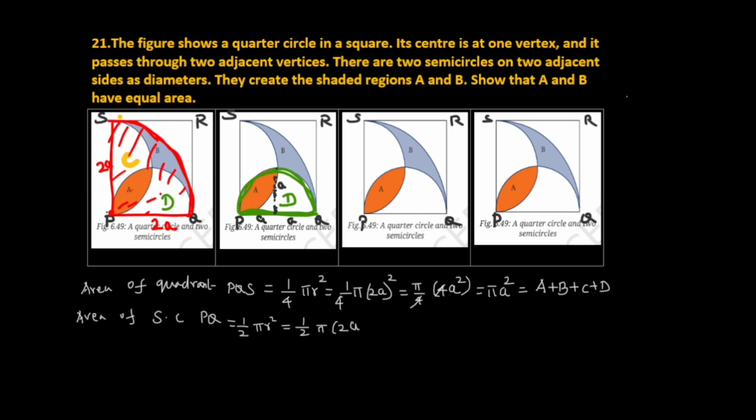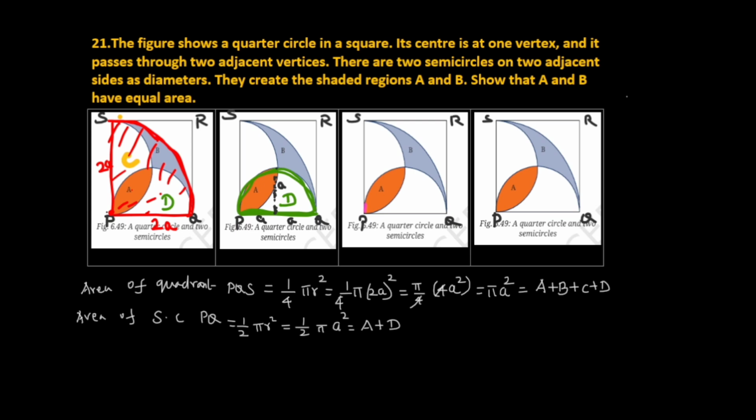So the area is pi a squared by 2, which encloses the region A plus D, shaded and unshaded region.